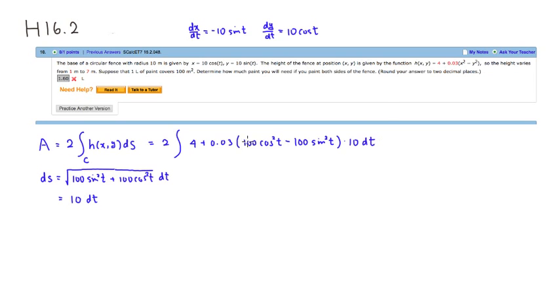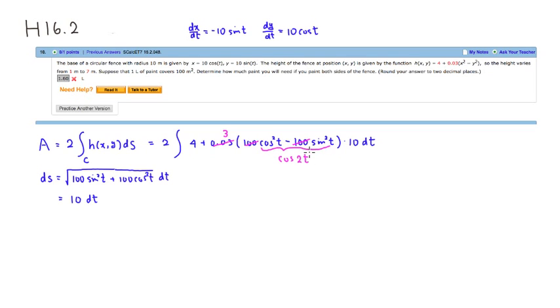By pulling out the 100, and then 100 times 0.03 is just 3. And then you can see that you have cosine squared minus sine squared, which can be rewritten as cosine of 2t.